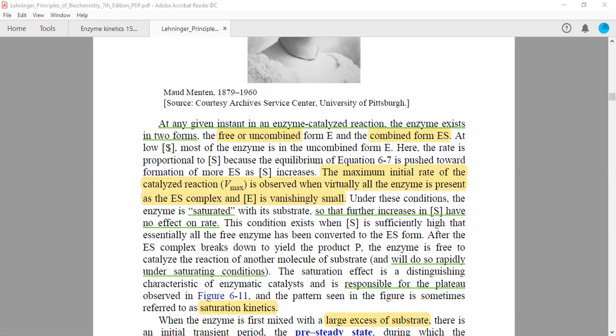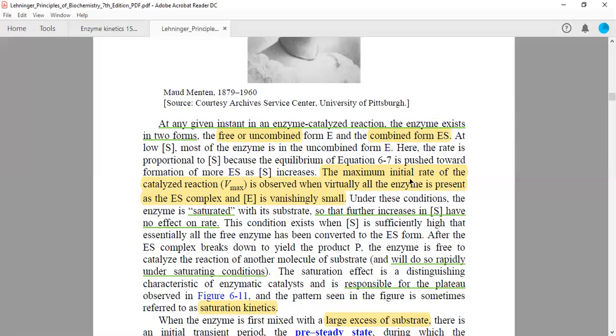So now, at a low substrate concentration, most of the enzyme is present in the uncombined form, that is actually the E. But in our derivations, we are taking the substrate in a very large concentration, therefore we can assume that this enzyme substrate complex is formed because the enzyme is saturated with the substrate, and the concentration of free enzyme or the uncombined enzyme is very, very low in the test tube actually.